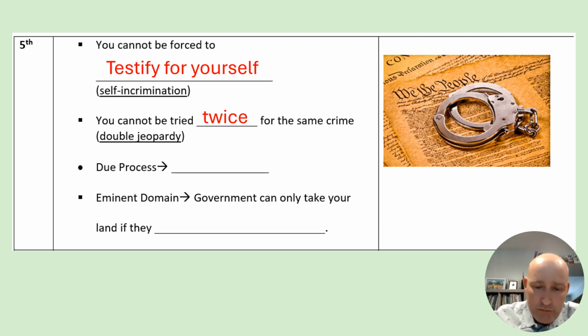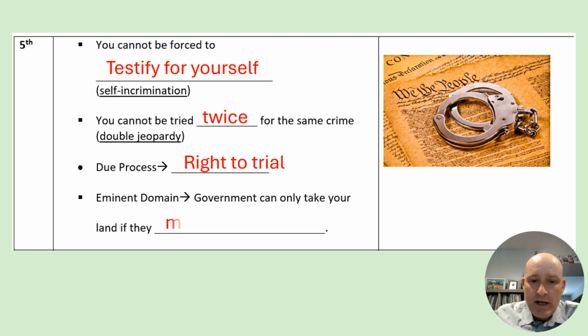So if you're declared innocent, then you can't go back and have them try you again for that crime. Due process is the right to trial. Okay, the right to have your rights. All right, nobody can take those away.